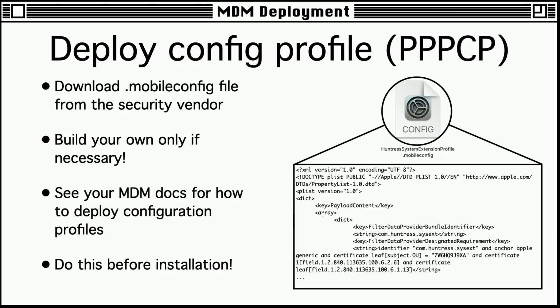Just go get whatever your security vendor gives you and push that out. And if you're not sure how to do this, just refer to your MDM docs or contact your MDM provider and say, hey, how do I deploy this profile? I've got the file, just need to push it onto the endpoints. How do I do that? And they should be able to help you.